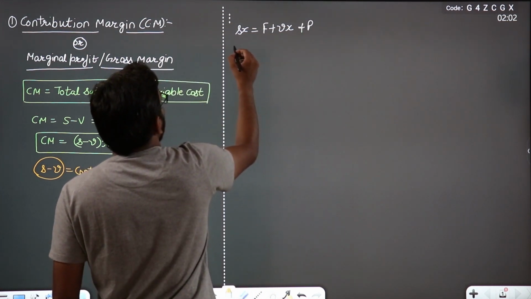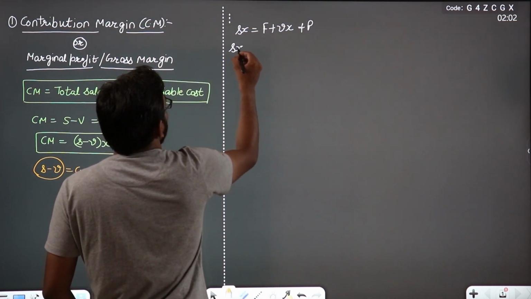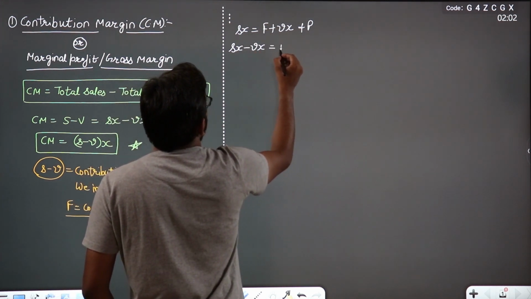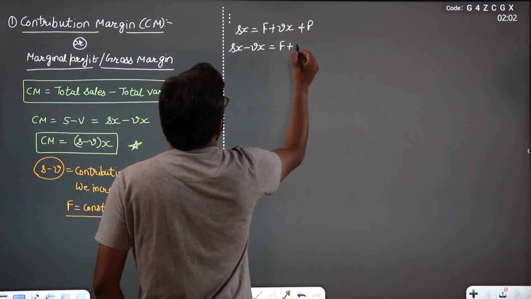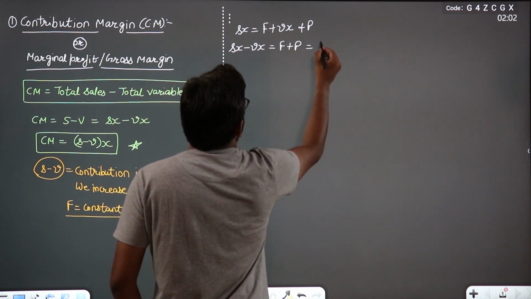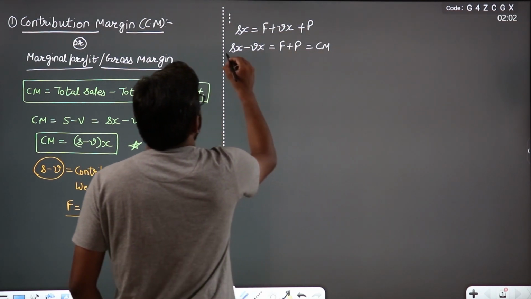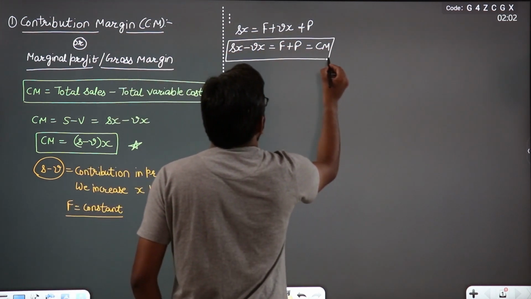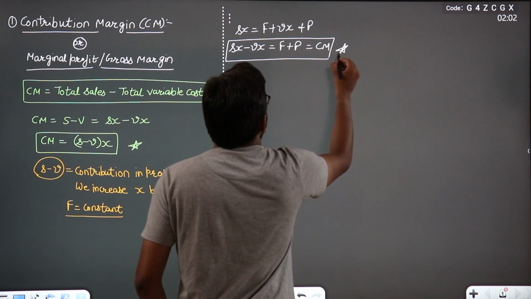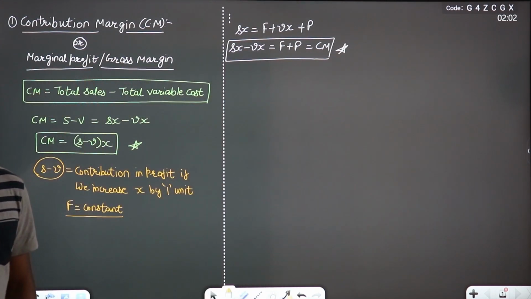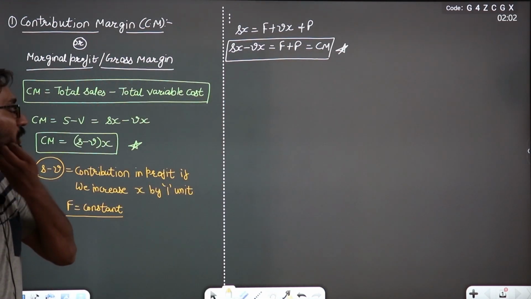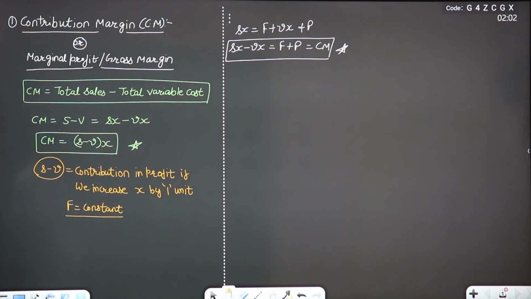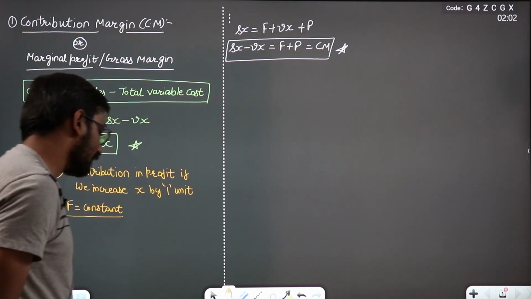From here you can write small s x minus small v into x will be equal to F plus P. So this will be your contribution margin. Contribution margin can be calculated either as selling price minus variable cost times units, that is total sales minus total variable cost, or as fixed cost plus profit.